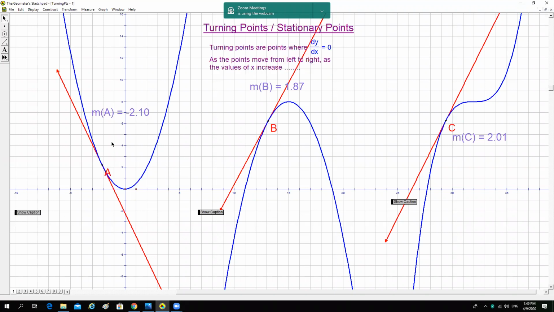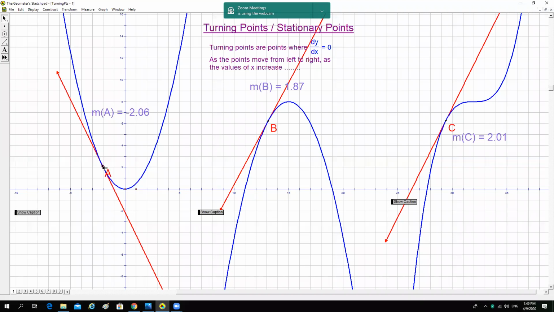The gradient of tangent I have calculated and displayed here. Can you see this MA? MA means the gradient of tangent at the point A. What is the value now? Can you tell me what's the value, Ganga? Negative 2.1.